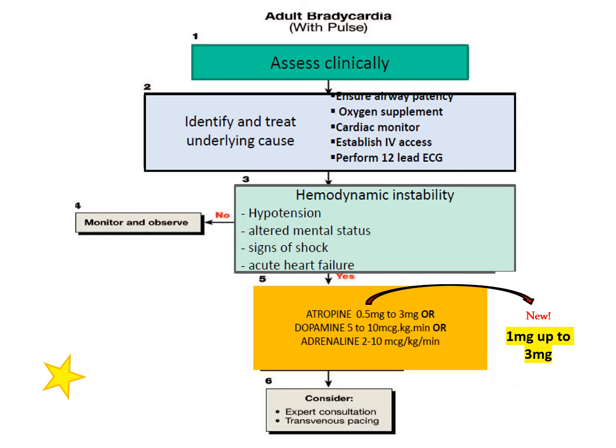So the first dose is 1 milligram. Next, you add another 1 milligram, and another 1 milligram up to 3 milligram. If this fails, you choose to use IVI dopamine or IVI adrenaline. And consider if your intravenous medications fail, you might need to do transcutaneous pacing.